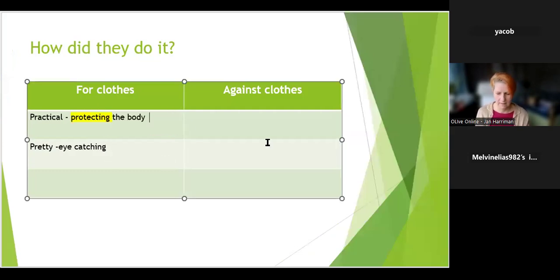Right. Oops. Oh, come on. I'm trying for the ampersand. And cold. Great. And pretty and eye-catching. So fancy.